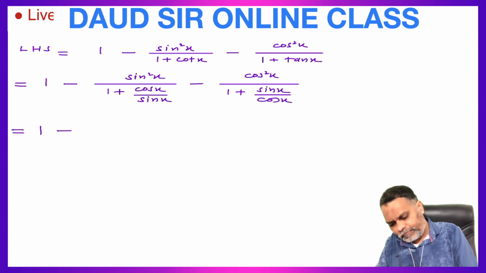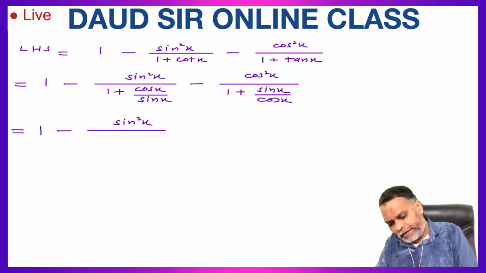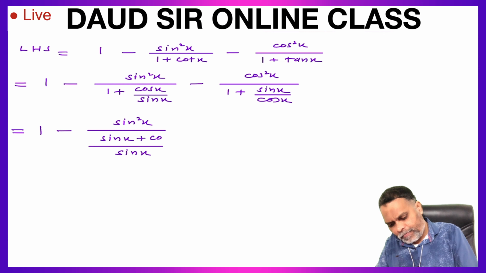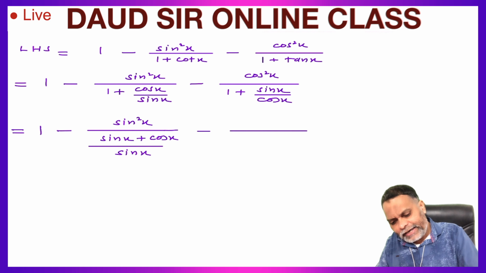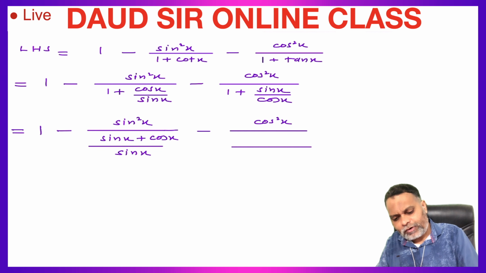Which is equal to 1 minus sin square x, and in the denominator take the LCM. LCM is sin x, so this is sin x plus cos x, minus cos square x in the numerator as it is, and in the denominator LCM cos x, so this is cos x plus sin x.